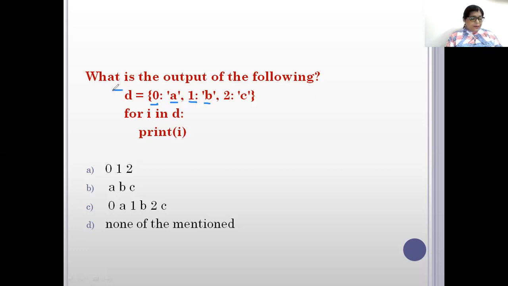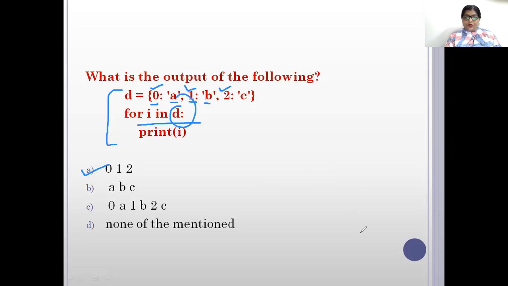This question simply requires all the keys. For i in d means whatever keys are in there, 0, 1, 2, they simply print it. So the answer here is A. They don't demand anything, they simply put a loop over the dictionary. So the answer here is only A.